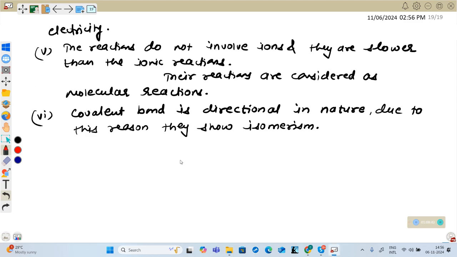Next bond is coordinate bond. It is actually a special case of covalent bond only.